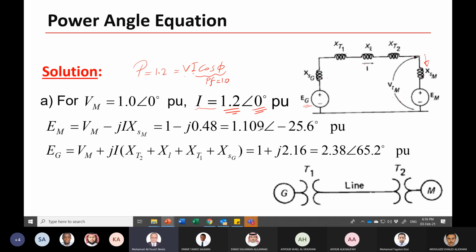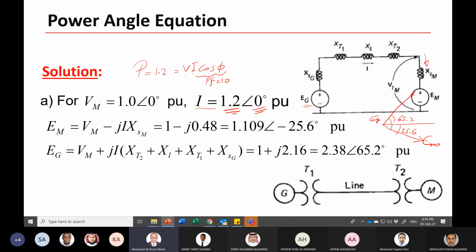What is the angle difference? This will indicate whether the system is stable or not. Here, EM has an angle equal to negative 25.6, and this is EG, with angle equal to 65.2.